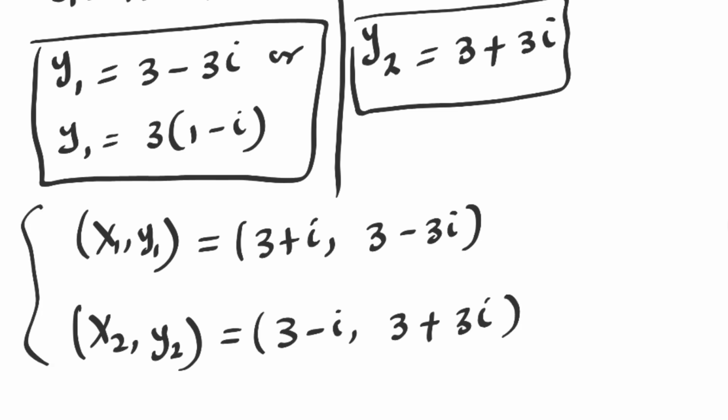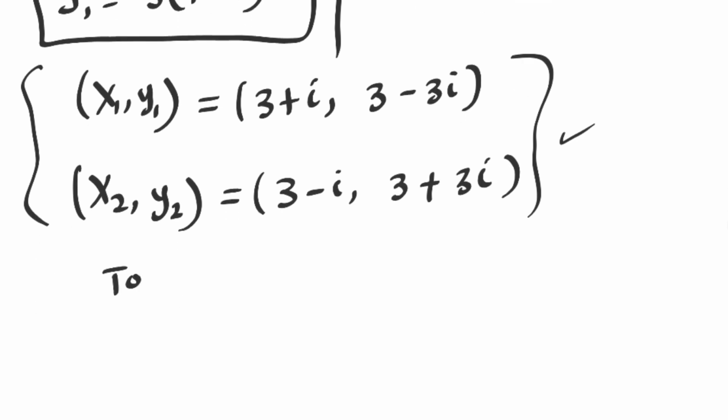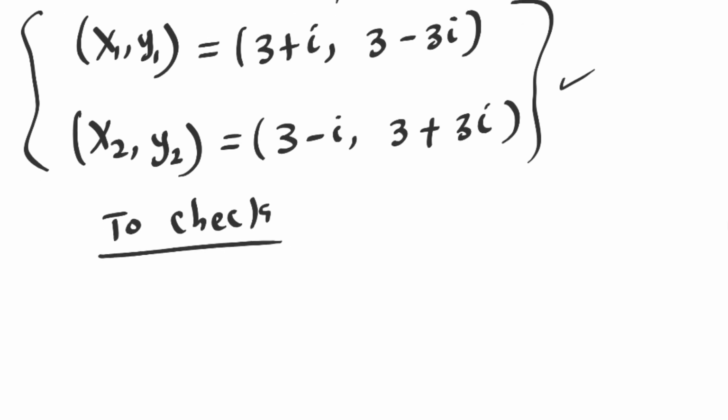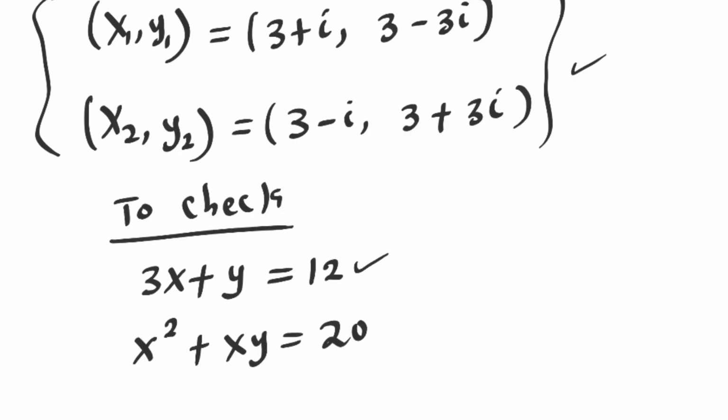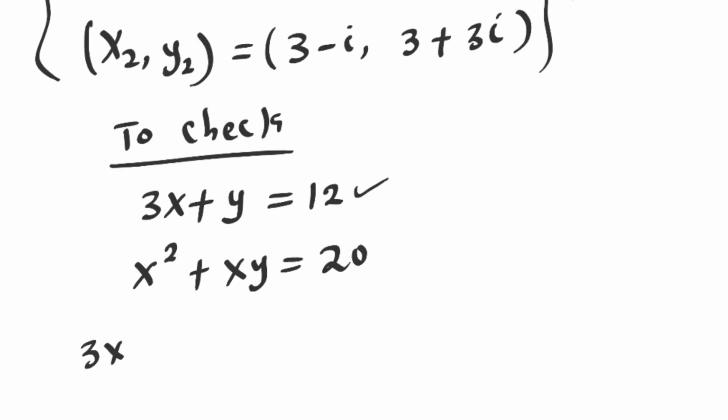We may check to confirm if this answer is right or wrong. Let's check. To check, we have the given equations: 3x plus y is equal to 12, and x squared plus xy is equal to 20. Let us consider this using x1, y1. You may also use x2, y2. 3x plus y is equal to 12.